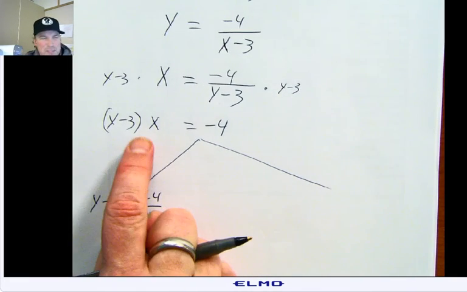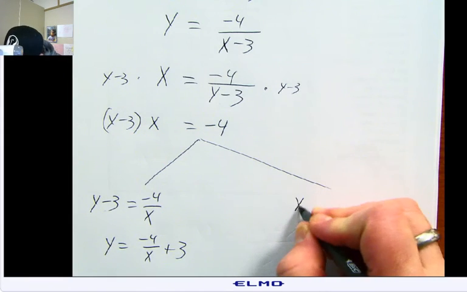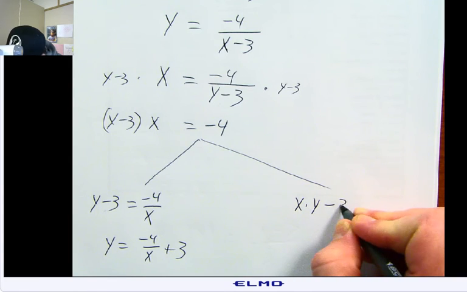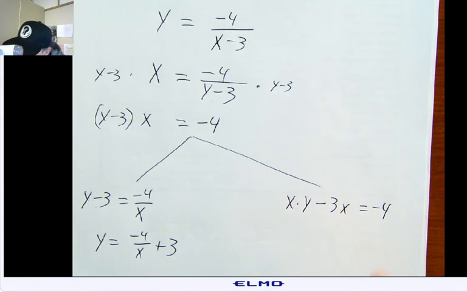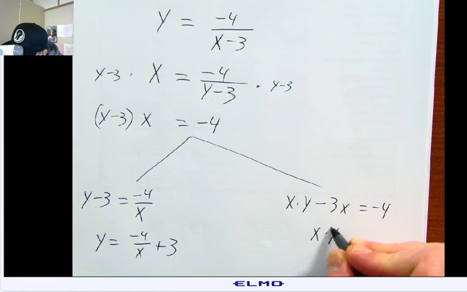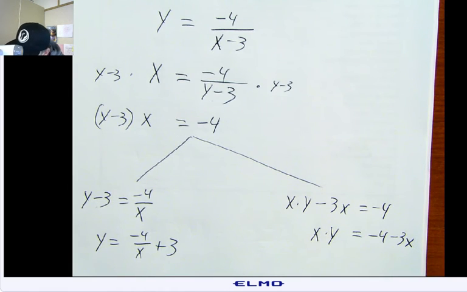But some people see those parentheses and they're like, oh, I want to distribute. And you can distribute. You would get x times y minus 3x equals negative 4. Then you could add the 3x to both sides. So now I have x times y equals negative 4 minus 3x. And then I could divide both sides by x.